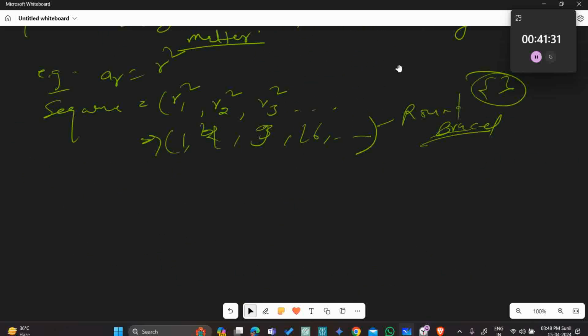All right. Some note here: for every numerical function we have a generating function.